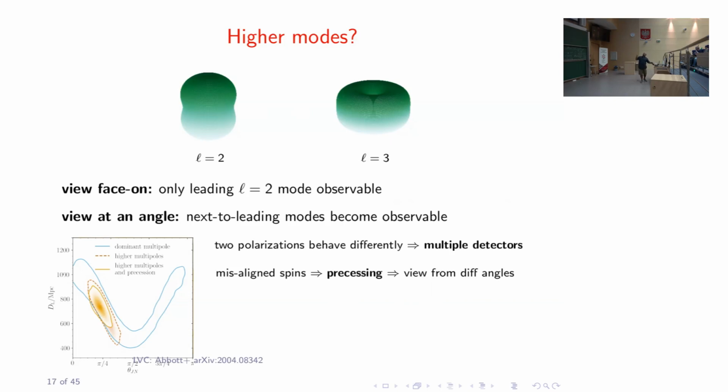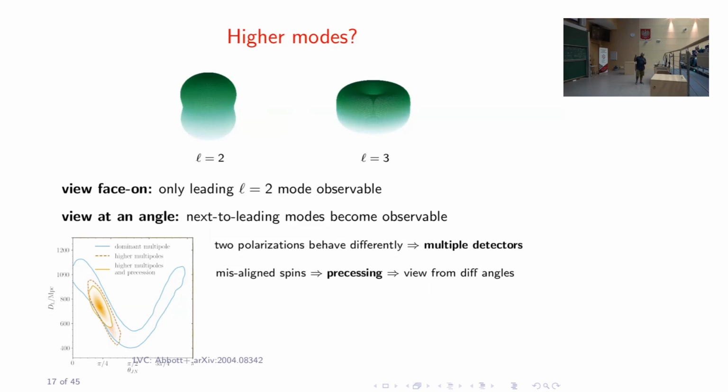No, so what I was trying to emphasize here is for a single detection, if in addition to the L equal to 2 mode, you are also able to observe the L equal to 3 mode. In the detector strain, you would already see a sum of L equal to 2 modes and L equal to 3 modes. From the detector strain, you cannot say that I don't want to see the L equal to 3 mode.